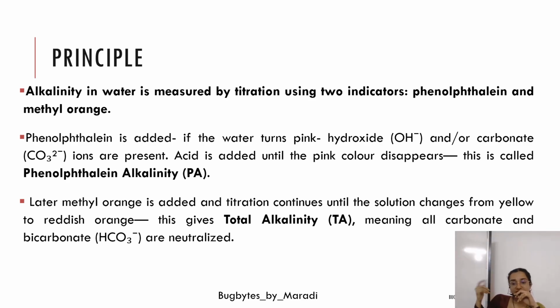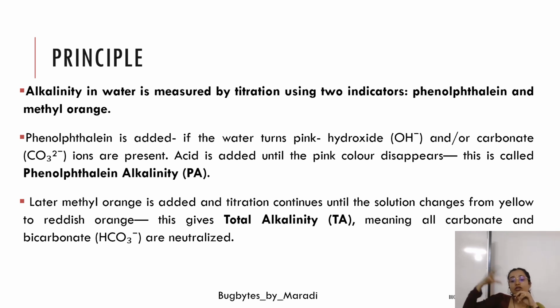We don't know yet; we will calculate and tell whether it is only hydroxide, only carbonate, or both. It is then titrated against an acid, either sulphuric acid or hydrochloric acid, until the pink solution turns colorless at pH 8.3. This is called phenolphthalein alkalinity.